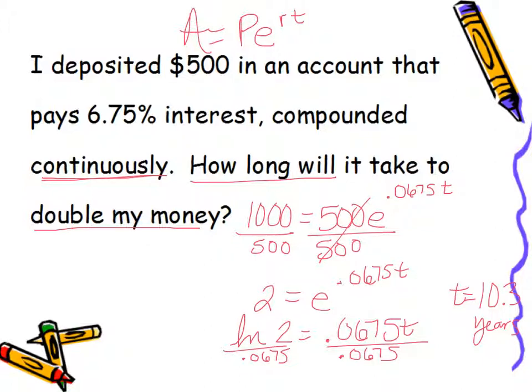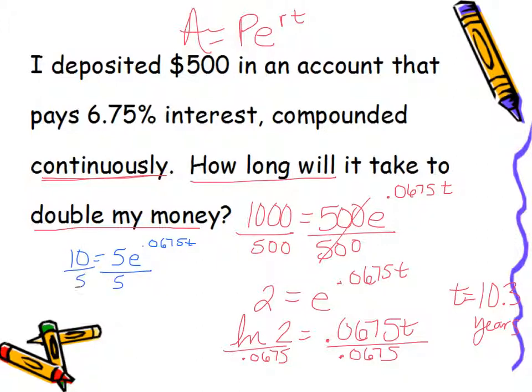Something I think is kind of interesting here is we started with $500, and it took us a little over 10 years to turn it into $1,000. Look at this little side note. You don't have to write this in your notes, but what if you only had $5 when you started? If you're trying to double your money, you'd end up with 10. Look at how similar this works out.